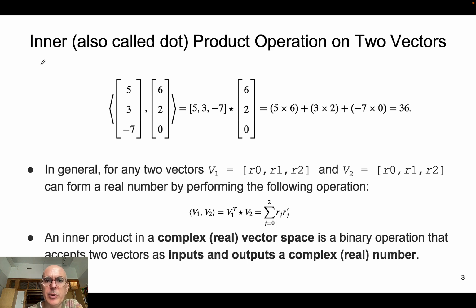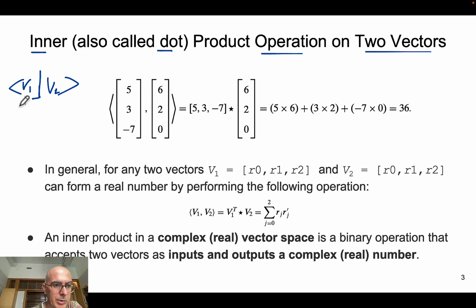The first and most important operation I'm going to introduce in this lecture is the so-called inner product, but you also find in the literature a dot product operation on two vectors. If we have two vectors, v1 and v2, we can take the inner product. We use a notation with triangle brackets, often with just a comma, where we take v1, the first vector, and then on the other side a v2.